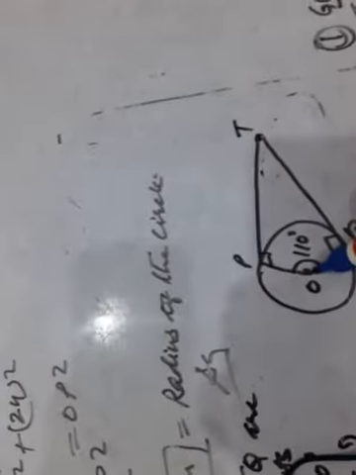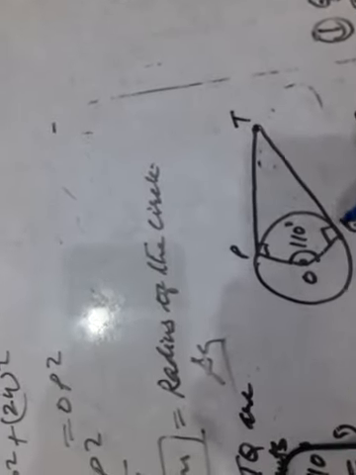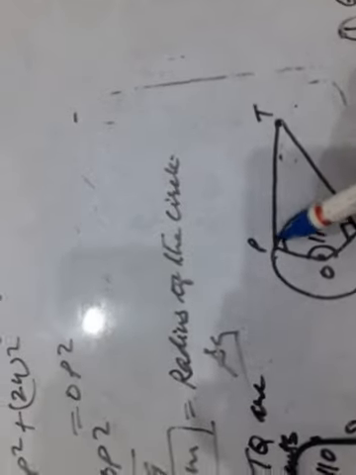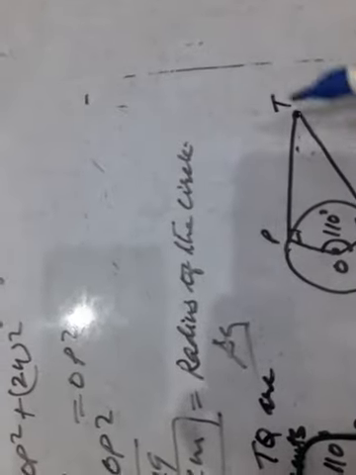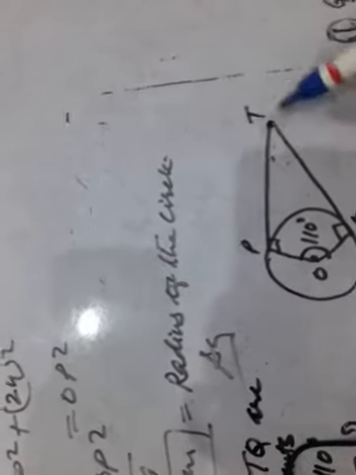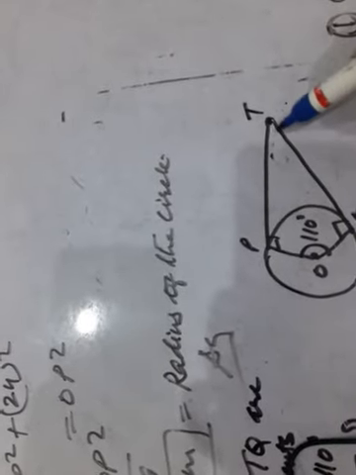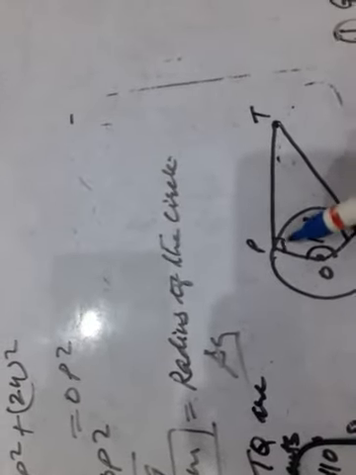Note down. In quadrilateral OQTP, angle POQ means this angle at the center, clear? And angle P and angle Q plus angle PTQ, this angle, plus angle P equal to 360 degree. Why? This is the angle sum property of the quadrilateral. Sum of all the four angles of a quadrilateral is 360 degree.